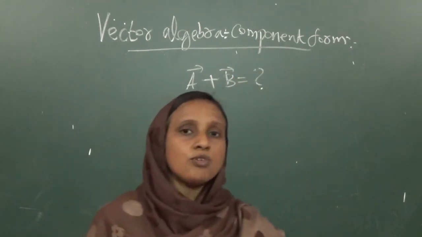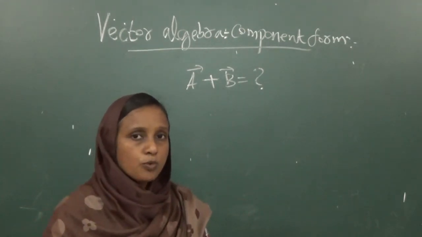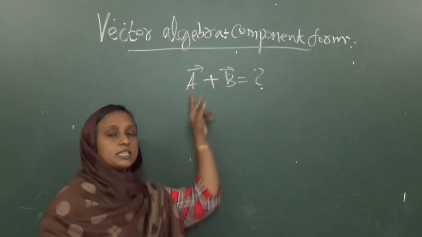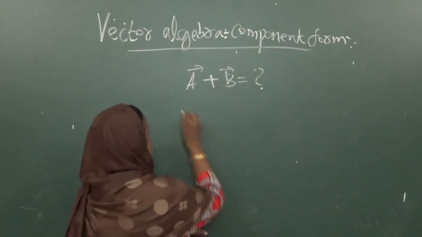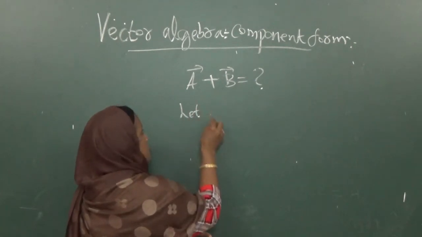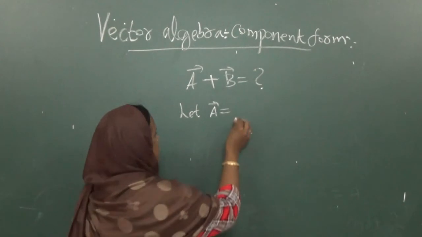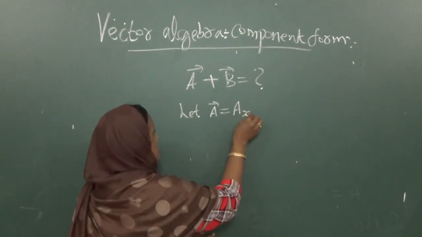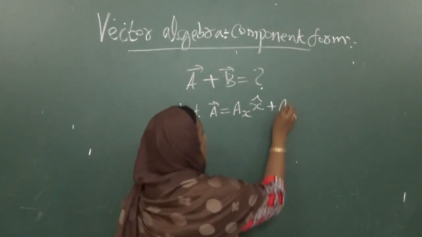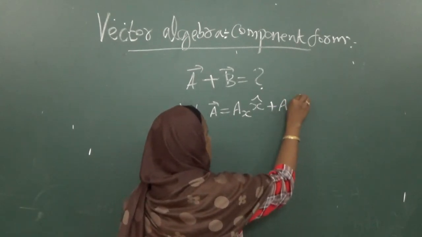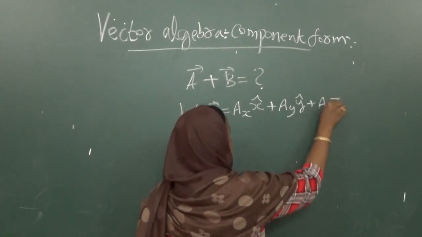We have to find out vector A plus vector B. So, what we have to do? We want to write these vectors in their component form. So, let vector A equal to Ax x cap plus Ay y cap plus Az z cap.